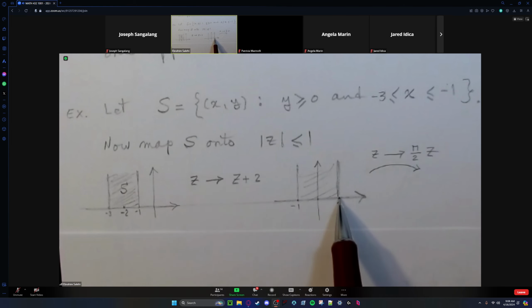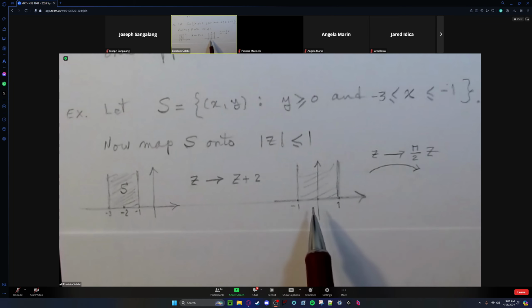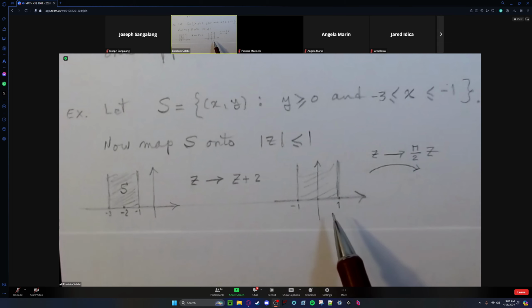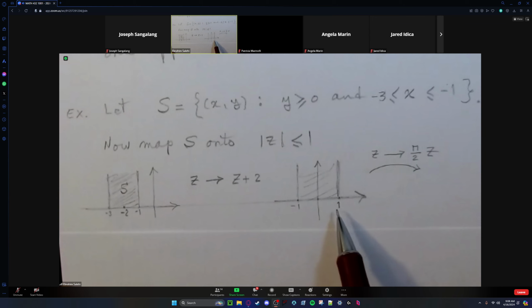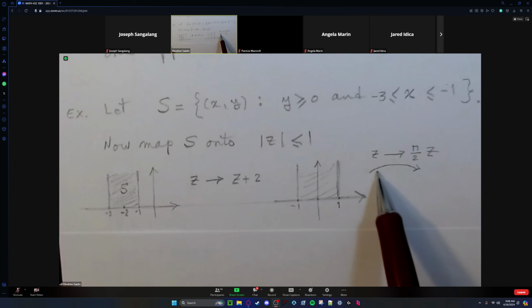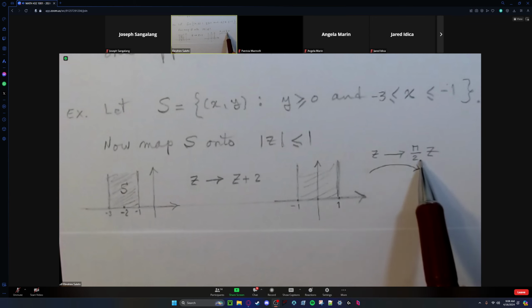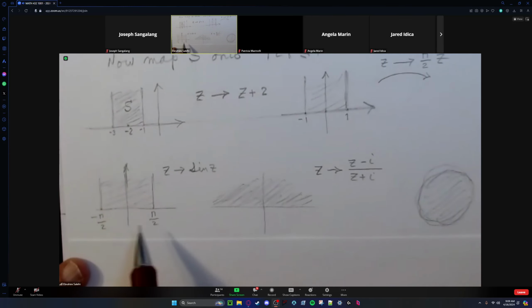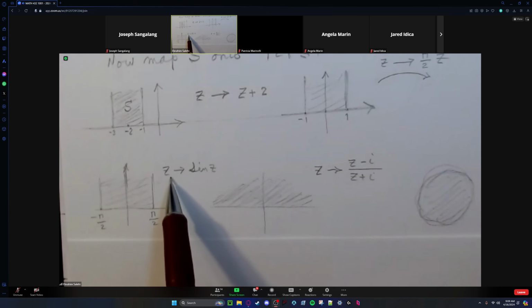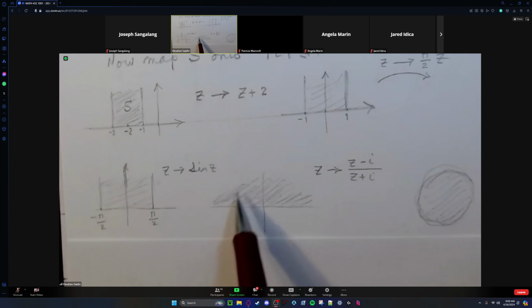If I shift it to the right 2 units, this is what I get. Is this good enough? No, because I better have -π/2 and π/2. And that is when you multiply by π/2. Multiplication by π/2 gives you this. And now you apply sine z. If you apply sine z, you get upper half plane.